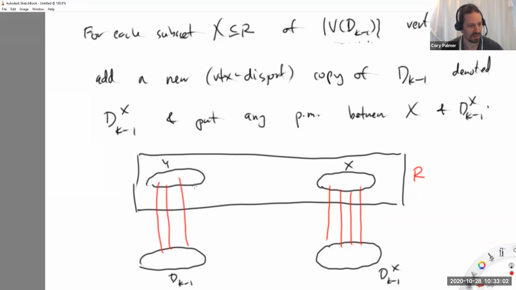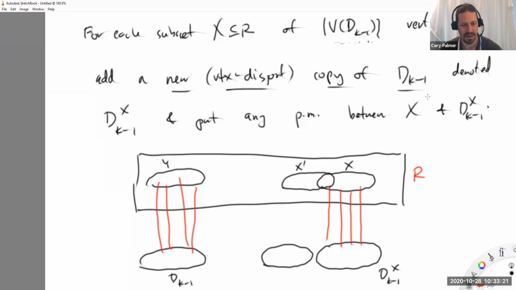But where this construction gets interesting, in some sense, is say I take a different set here, X prime, that intersects this set here. Now, I introduce a totally different D_{k-1} for that. These don't share vertices despite the fact that these share vertices. That's what this was, a new vertex-disjoint copy of D_{k-1}. So this is D_{k-1}^{X'}. But when I join these things by a matching, there's going to be some overlap.